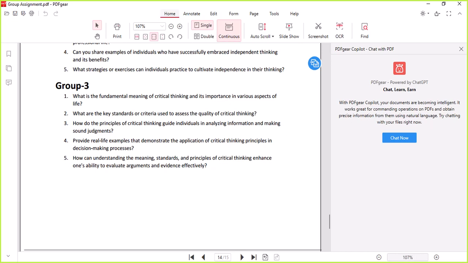Critical means using certain standards and principles. There is a misconception associated with the word critical.